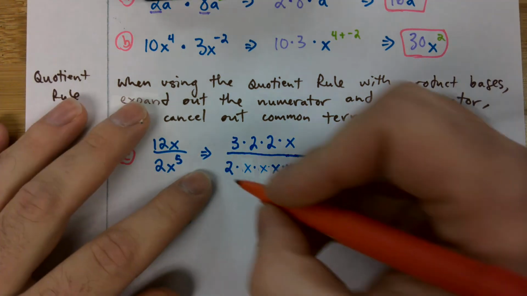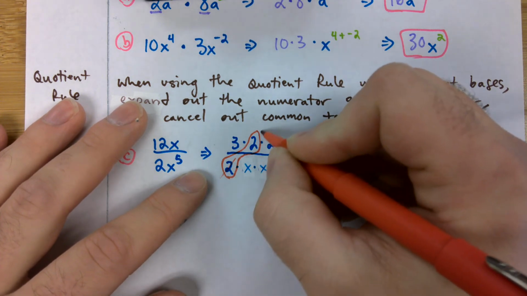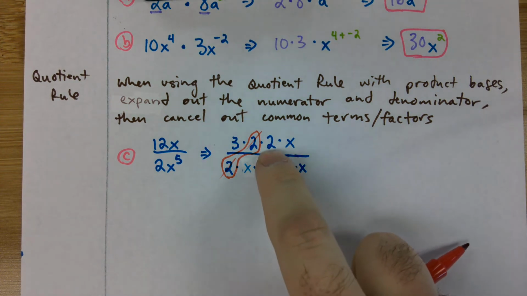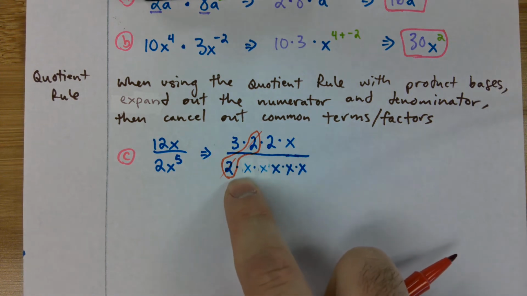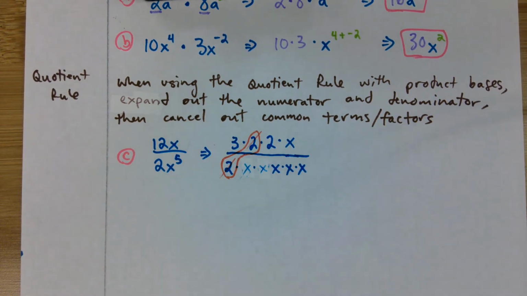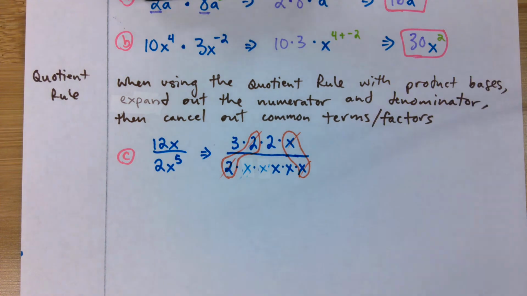Yes, so we can cancel out this pair of 2's here. We got another 2 on the top. Can we cancel that out as well? No, we need a 2 at the bottom to be able to cancel. It's got to be a pair, right? And then we got an x. We can cancel out one of these pairs of x's as well.